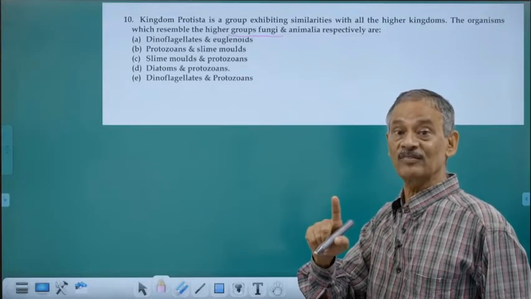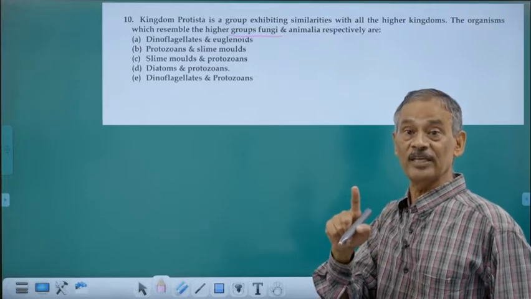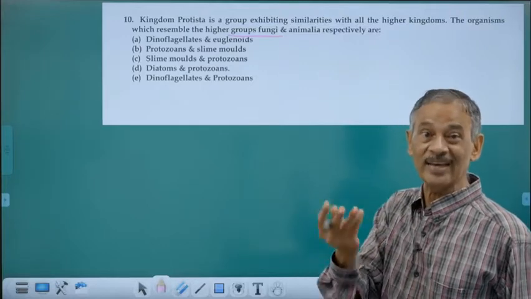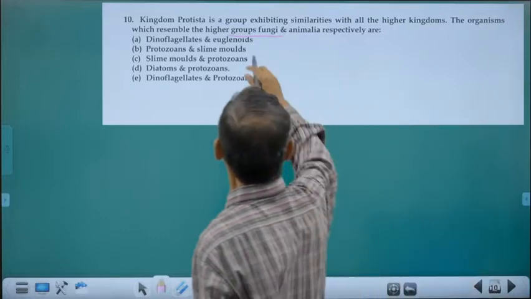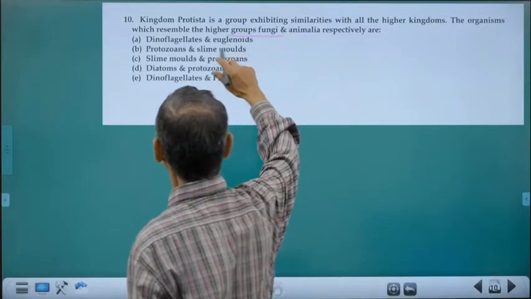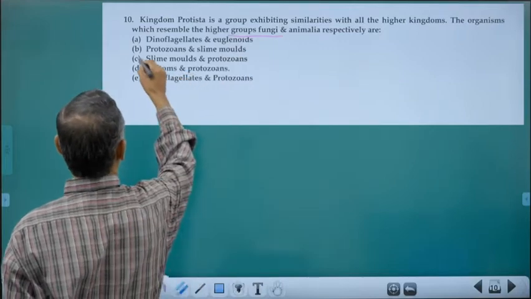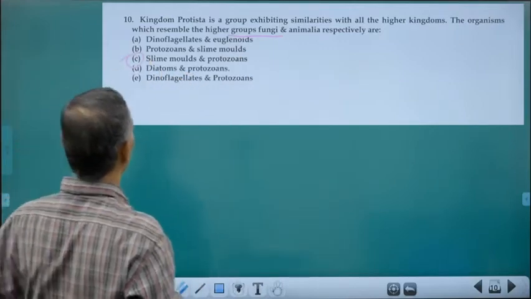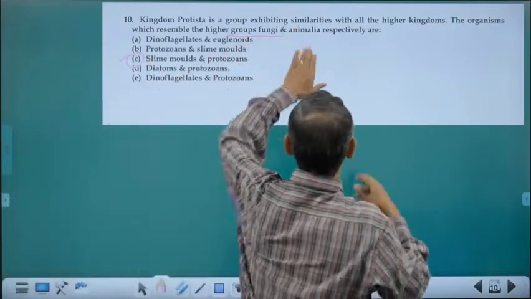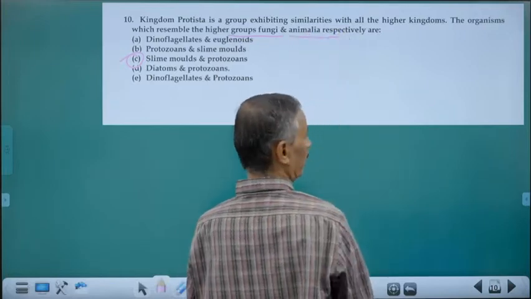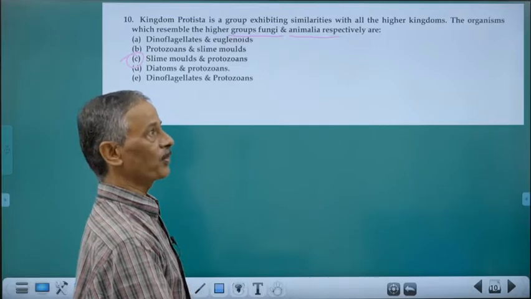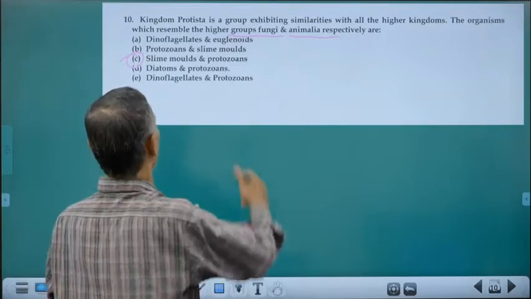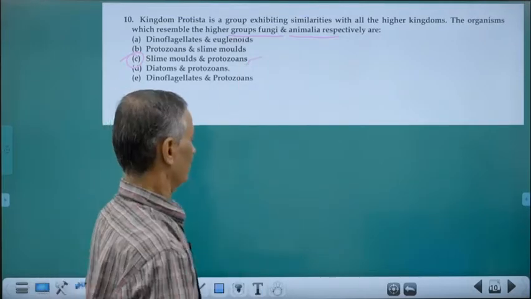Why do we say that slime molds are Protistan fungi? Because just like fungi, they are saprotrophs. And we believe that modern animals evolved from a primitive animal, which is protozoa. So, this is the correct answer.